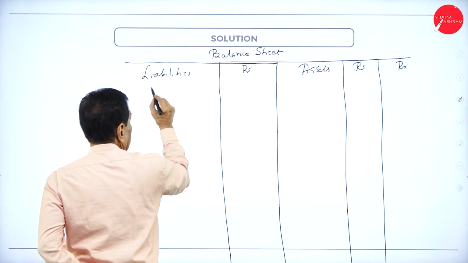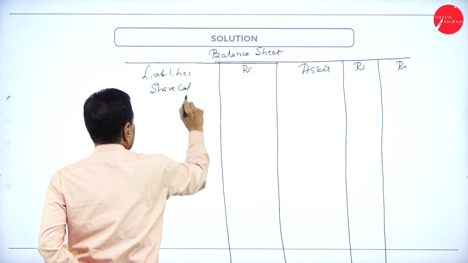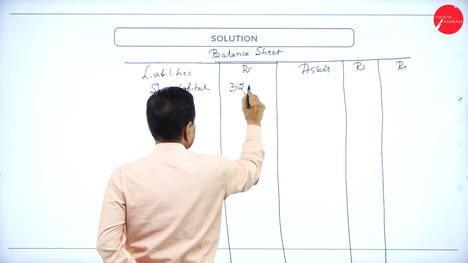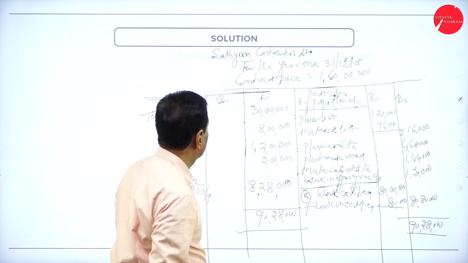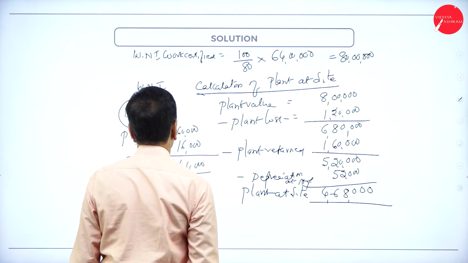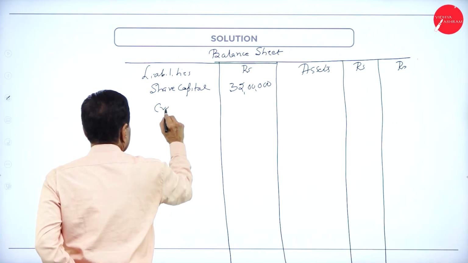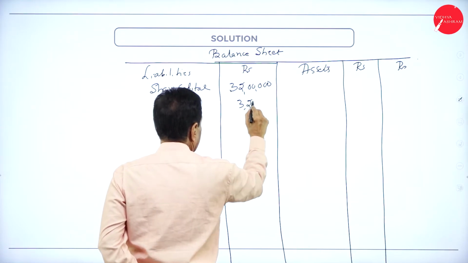Share capital 32 lakh. Then what is next you got? Creditors, 3,20,000.